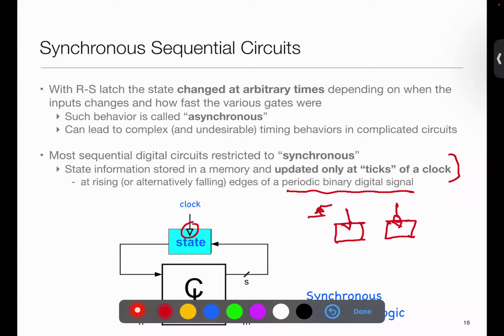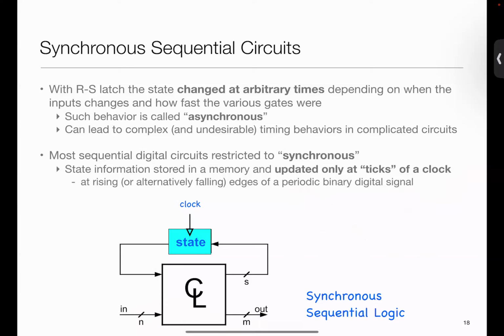This means rising edge, this means falling edge. So the state is updated at the falling edge versus the rising edge.